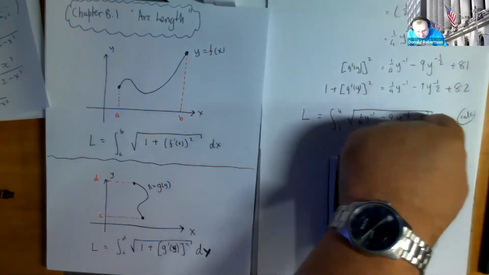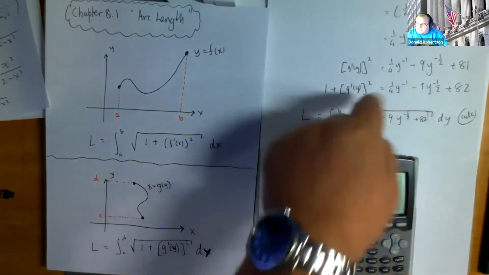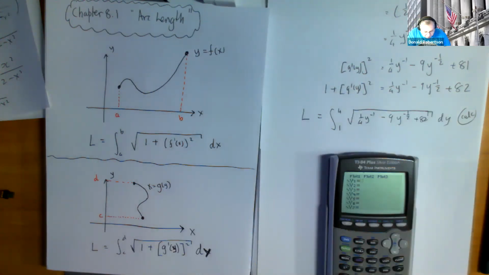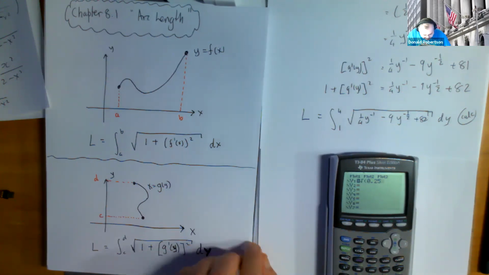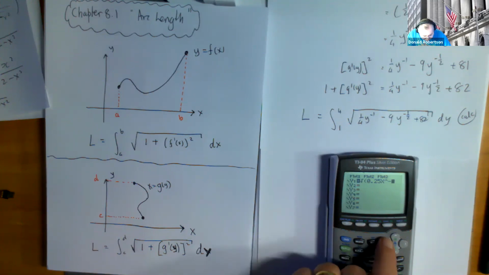Now, I know everything here is in y's, but can you pretend they're x's? Because calculators don't care what the variable's called. So it's going to be the square root of 1/4. I'm just going to call that 0.25 because it's quicker. X to the power of -1.